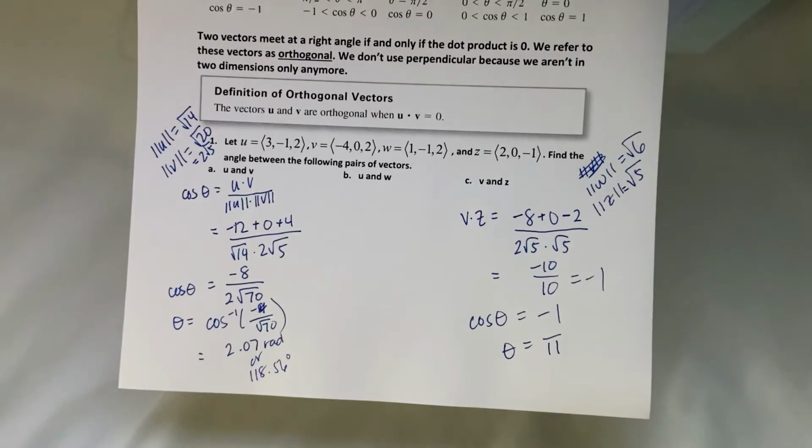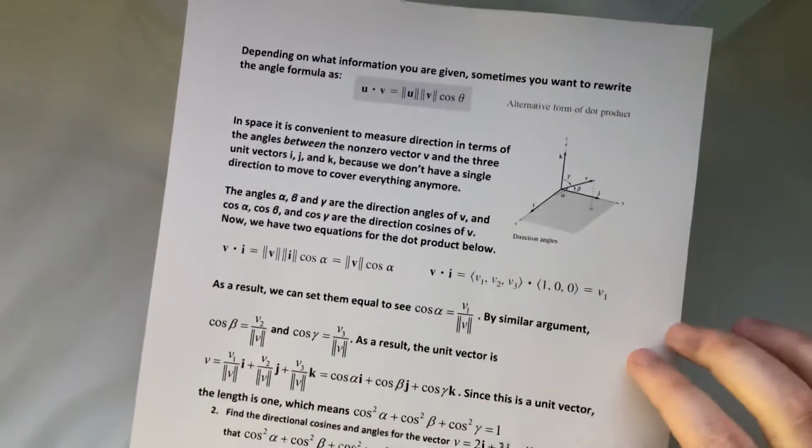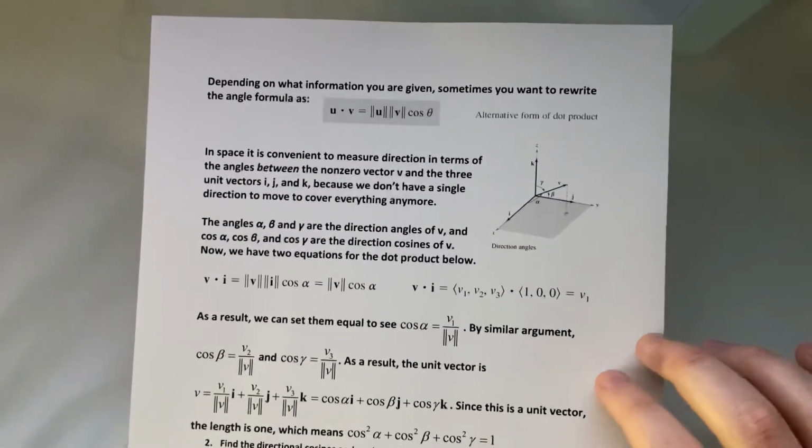Okay, other applications of the dot product. Depending on the information you're given, sometimes you want to rewrite that formula we just had. If you take those two magnitudes and multiply them to the other side, you'll get the dot product by itself.